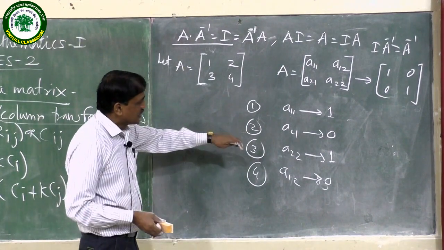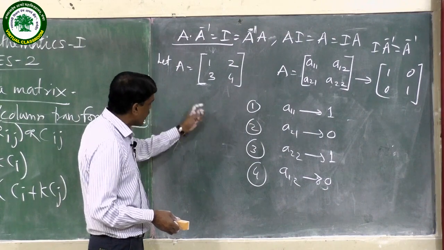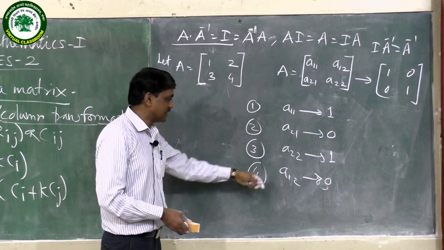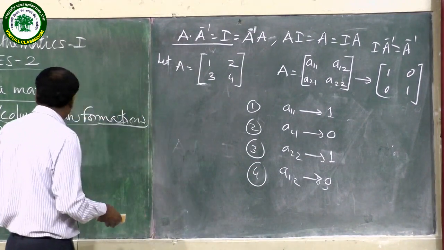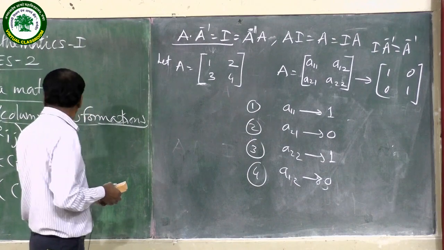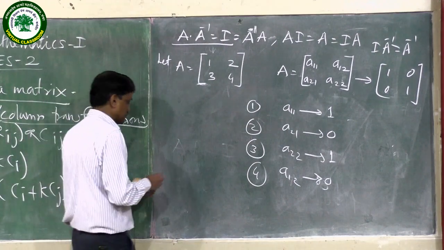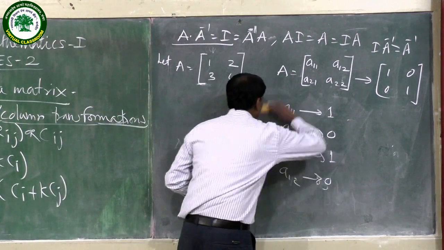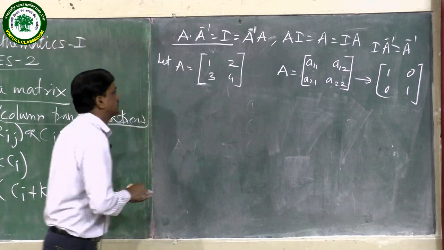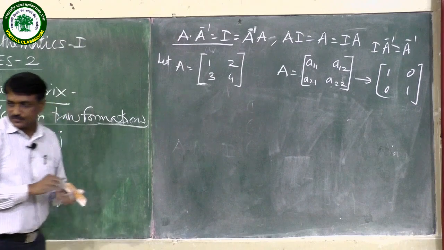Let us solve this example. Let us find the inverse of this matrix using this method, using elementary row transformations. See here, A is the given matrix.